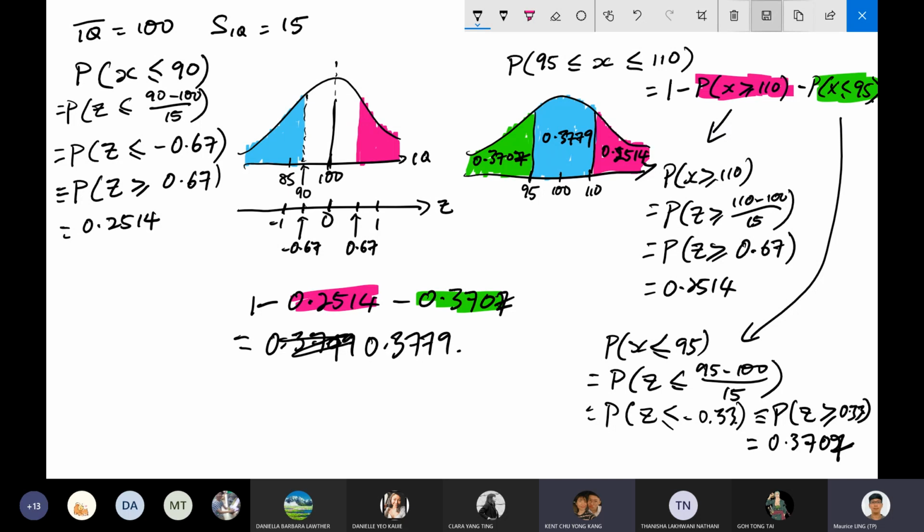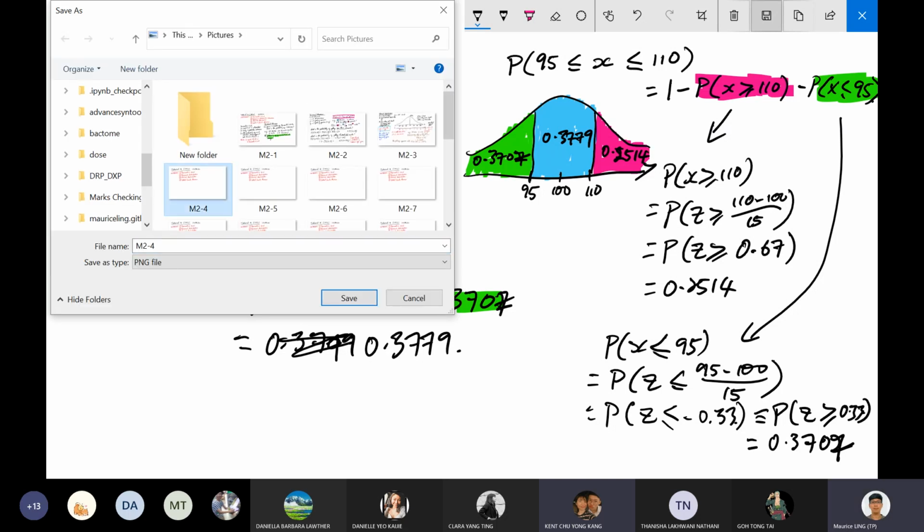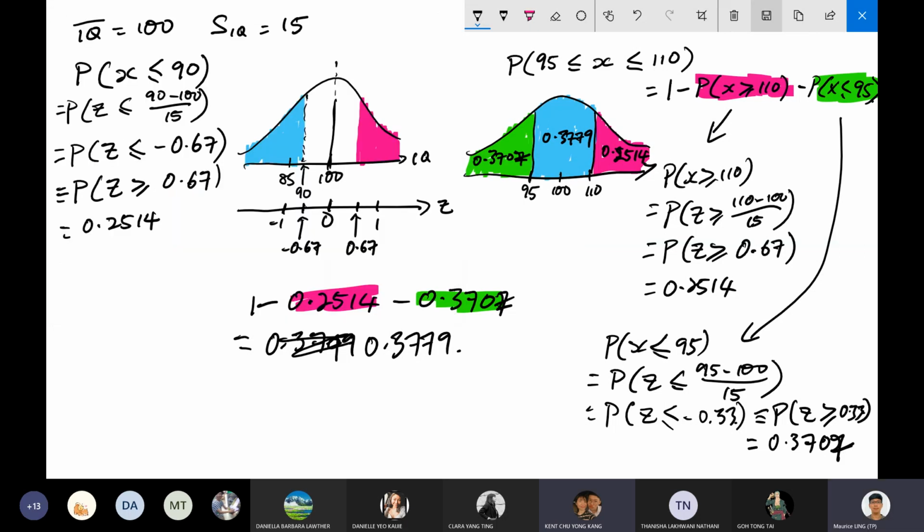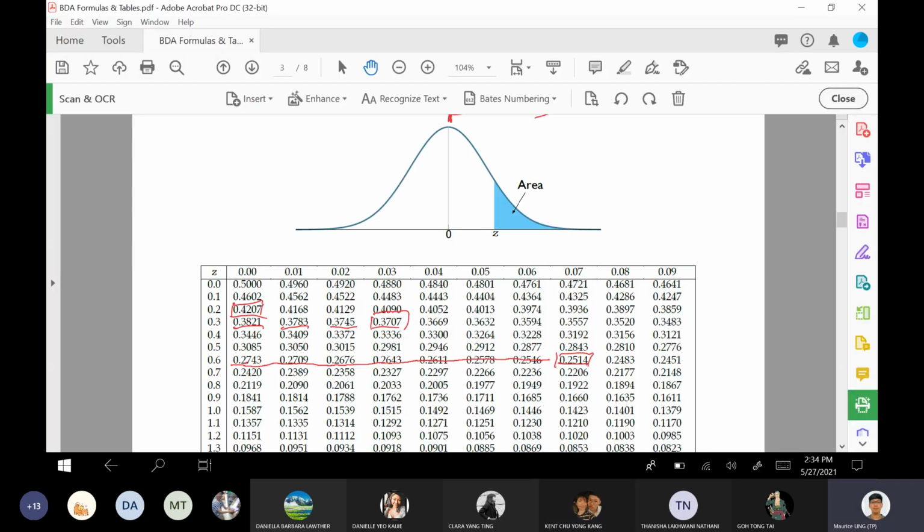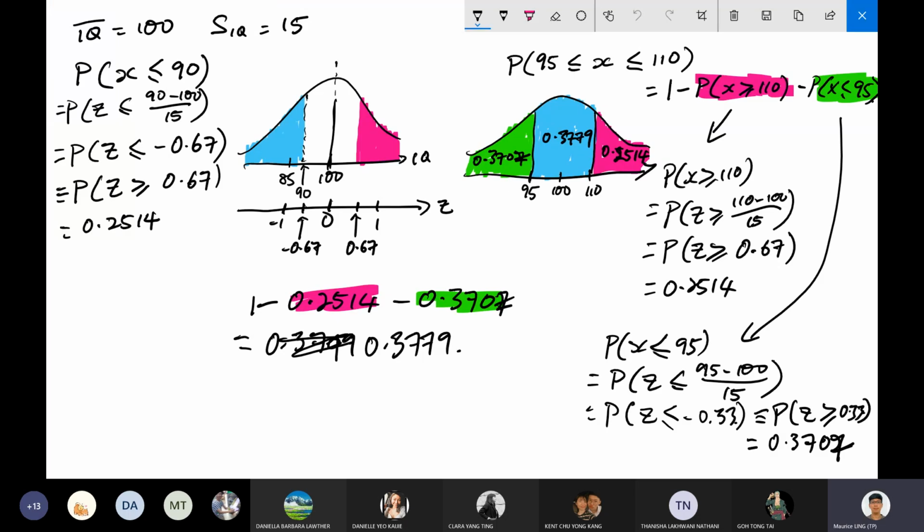What if it's not equal to? Actually, for a normal distribution, P of x more than, let's say, 120 is actually the same as more than or equal to 120. Understand why?